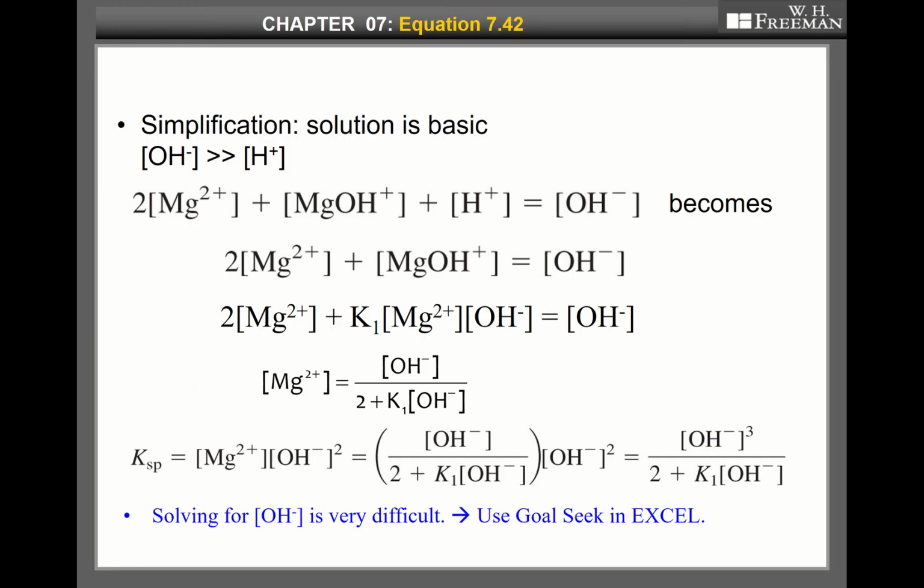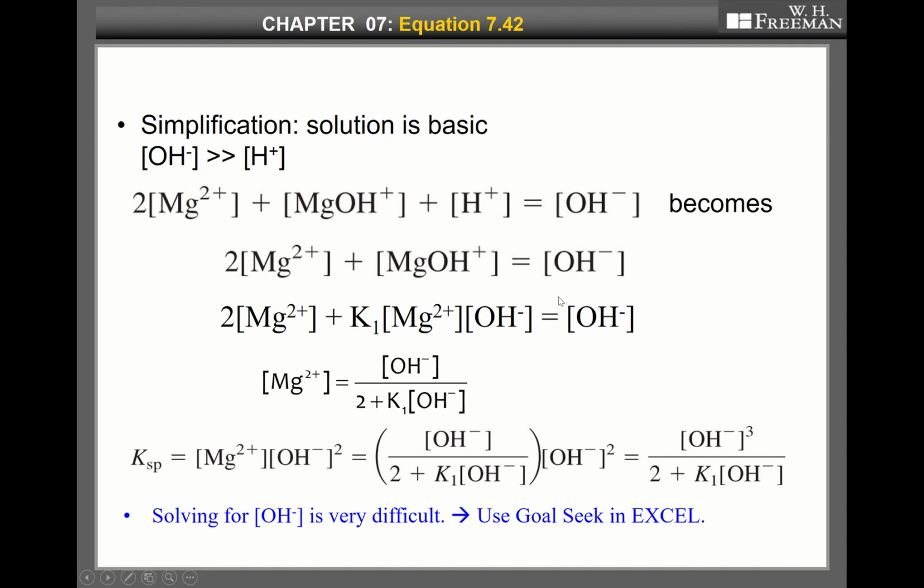Since the solution is basic, because the magnesium hydroxide gives rise to hydroxide ion species, the concentration of hydroxide ion in solution is much greater than proton. So we make an assumption like this. We ignore the proton concentration, and this equation is simplified like this.